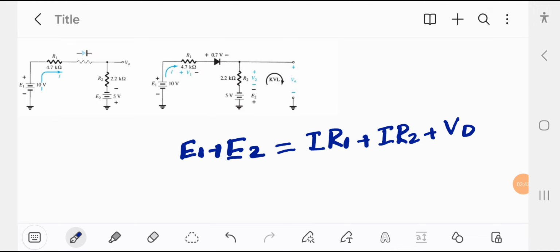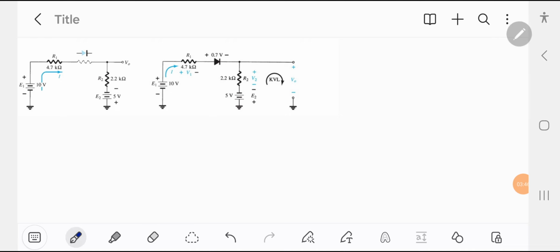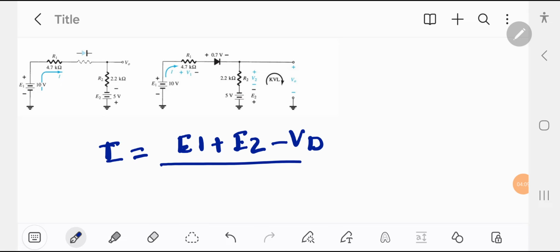Now when we simplify this equation, we take I as common from R1 and R2.